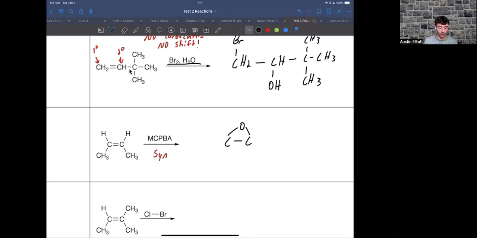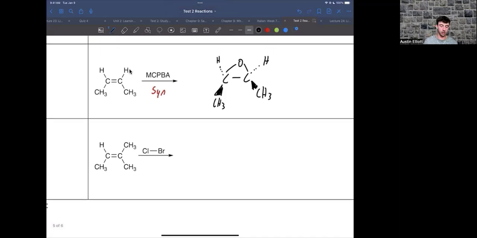And then we'll have our H's on dashes, and then our CH3s on wedges. I usually prefer to have the larger groups on the wedges. It just helps me think a little bit better and keep track of everything. But either way that you want to do it, as long as they are showing up and down directionality that align with each other.